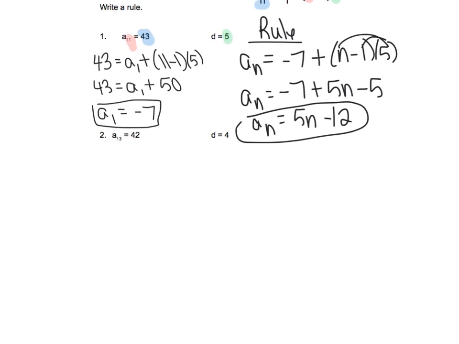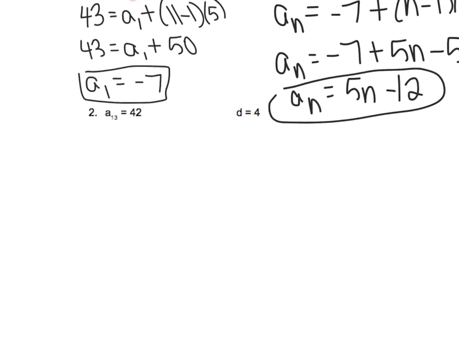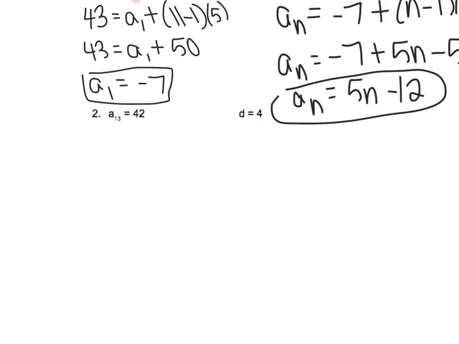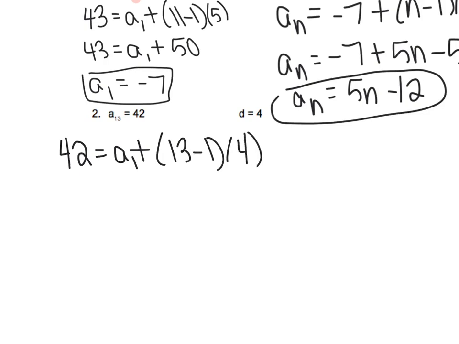Again, there's my rule. My rule for a sub n always has a sub n and n in it. Okay, so we just have one last problem here. This is going to be a fairly quick video today. So we have a sub 13 is 42, and we know that the common difference is 4. So when I go to find a sub 1, I'm going to say 42 equals a sub 1 plus my n value, 13, minus 1 times d, which is 4.